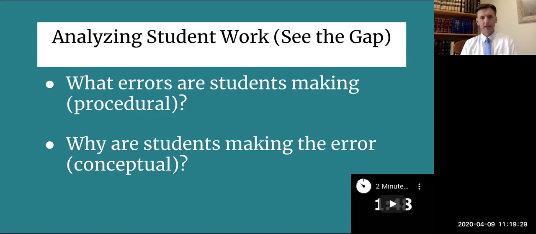And one thing that I want to point out here is that we're really looking for trends. We're looking for trends to be surfaced in the work that we're analyzing. It's not so much about looking at the individual work in terms of this individual did this. Teachers will sometimes fall into that, and it's natural because of the relationships that they have with the kids.